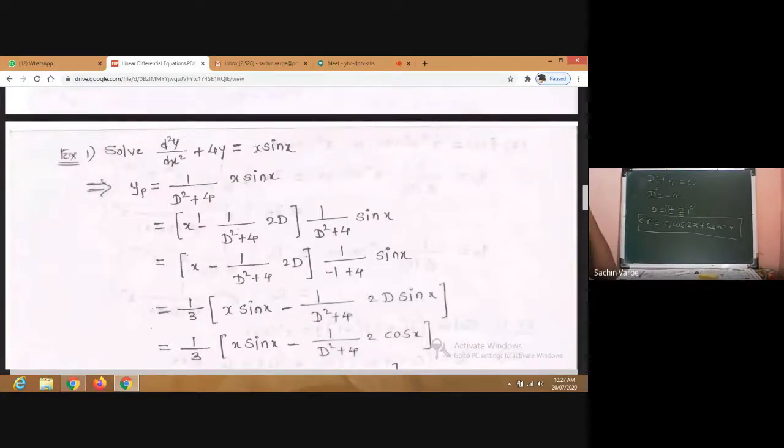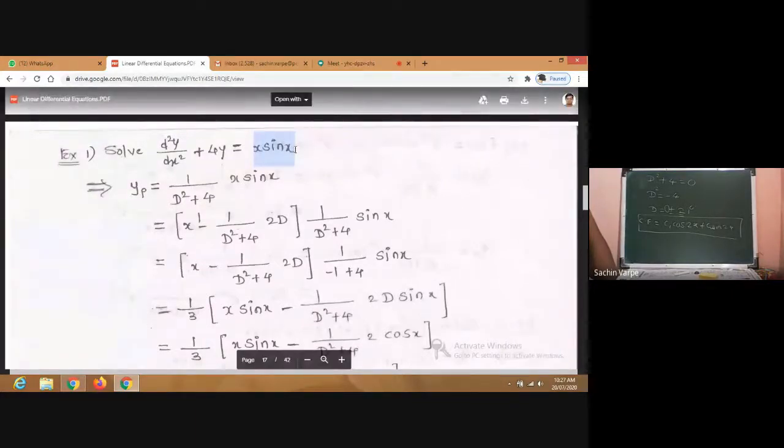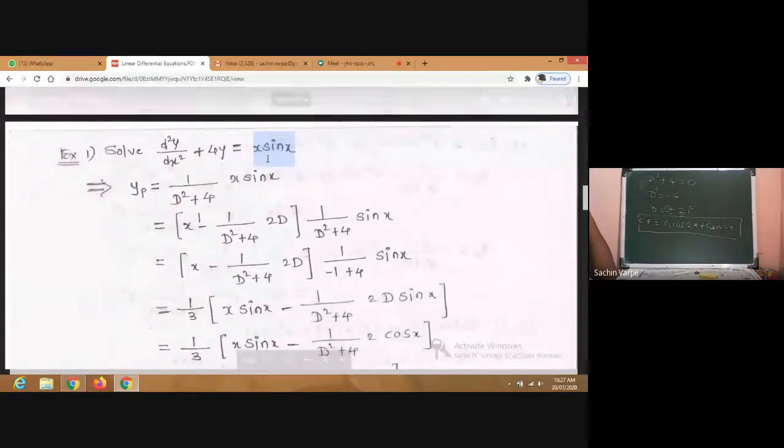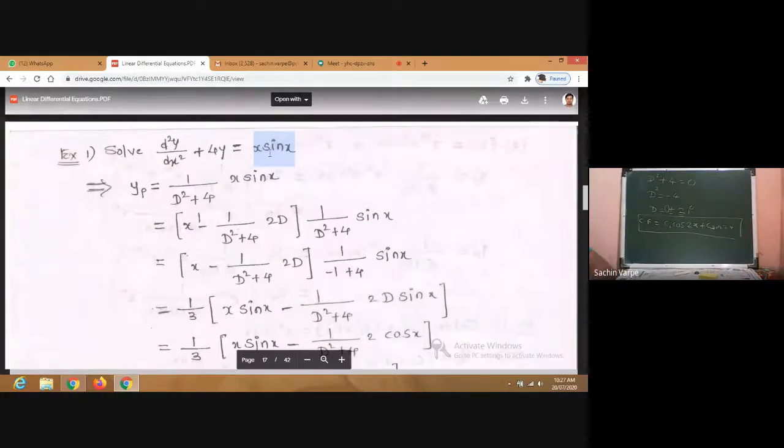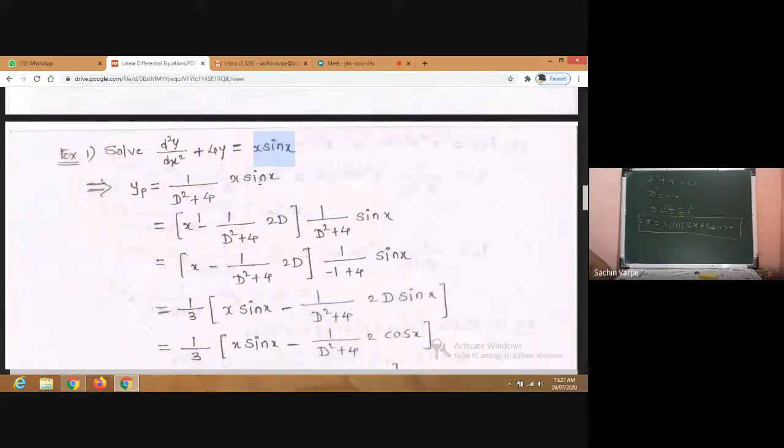We have to investigate here only. We have to check whether the shortcut is applicable or not, whether this function is one of those 6 or 7 cases we have discussed. If it is, then we can apply the shortcut. If it is not, then go to the general case. So yes, it is applicable here. Which case? X into v case, where v is sine x.